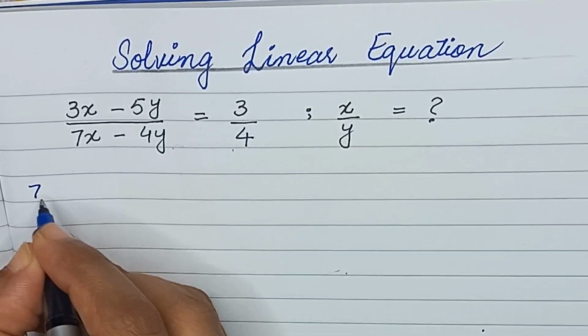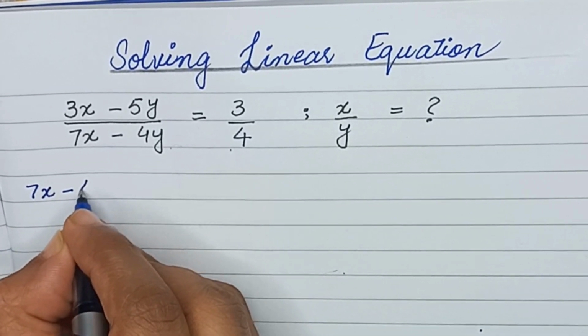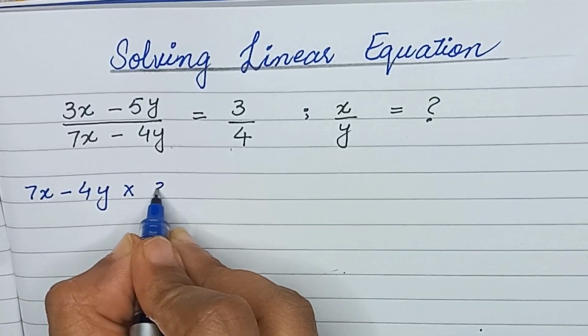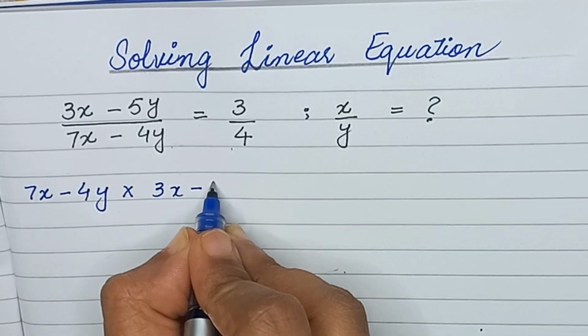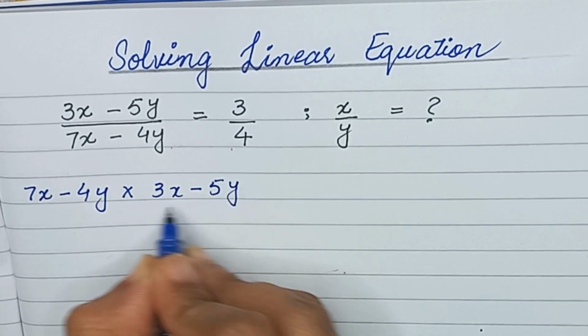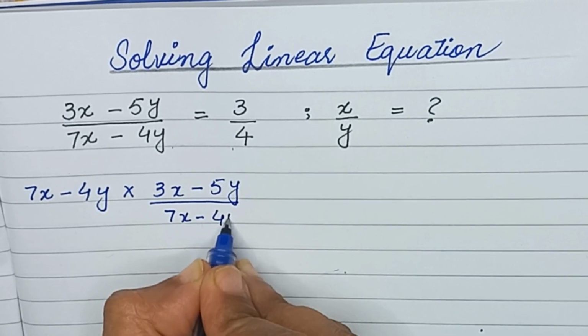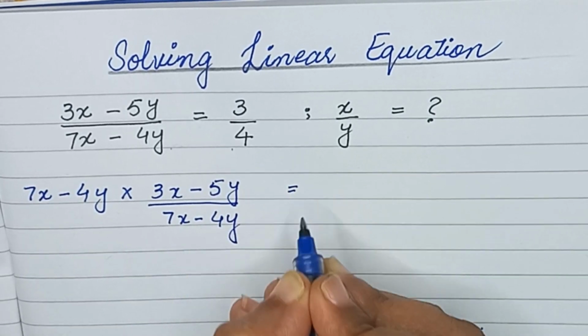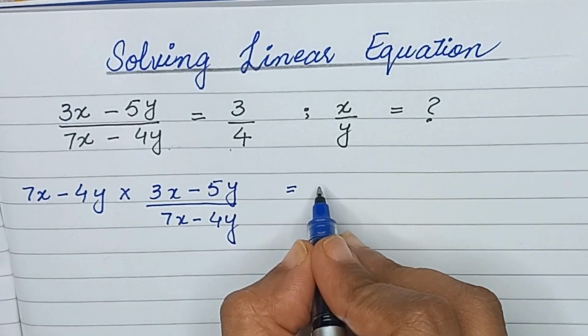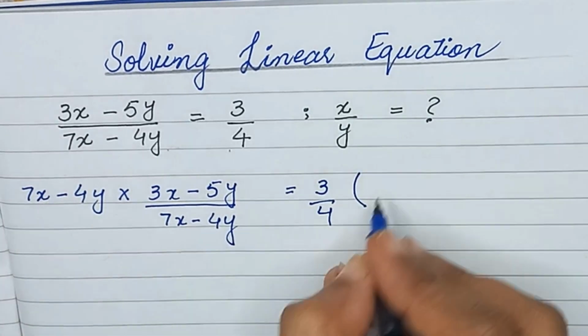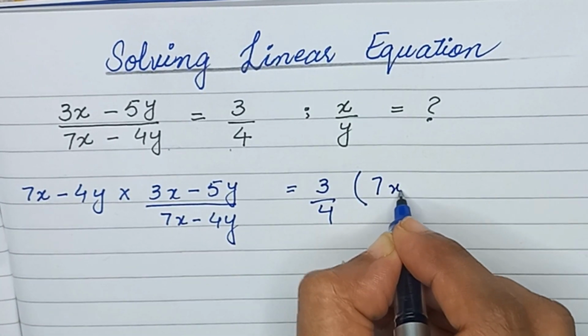So 7x minus 4y multiplied by (3x minus 5y) divided by (7x minus 4y), which is equal to 3 divided by 4 into (7x minus 4y).